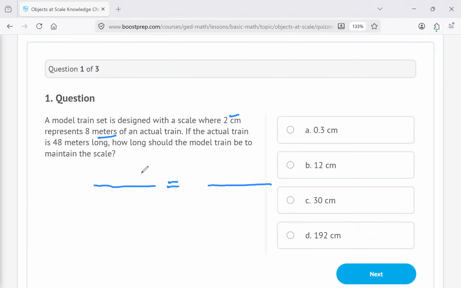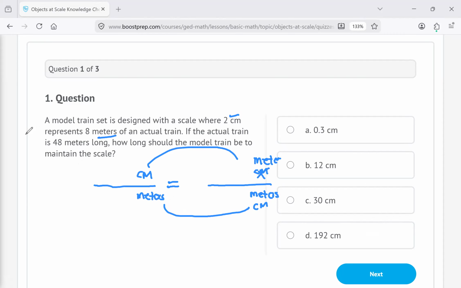So you can put centimeters here and meters here. If you do so, then over here this should be centimeters and this should be meters. This cannot be meters here and centimeters there. This has to match with this, and that has to match with that.